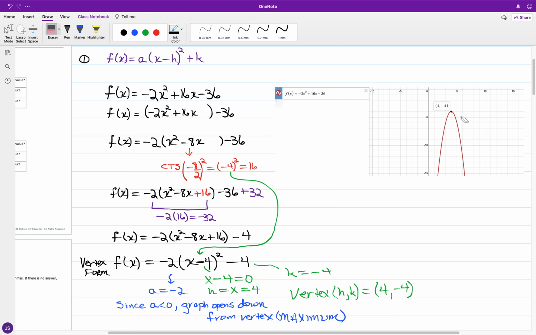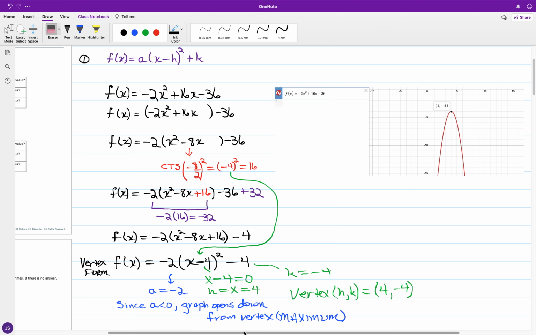And again, the location of the vertex is 4, negative 4. So the maximum or the high point occurs at x equal to 4, and the maximum value or the y coordinate is going to be negative 4. So everything in the y value is going to be lower than negative 4. So negative 4 is going to be the high point from a vertical standpoint.